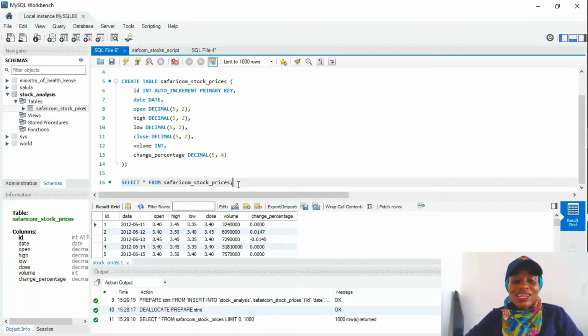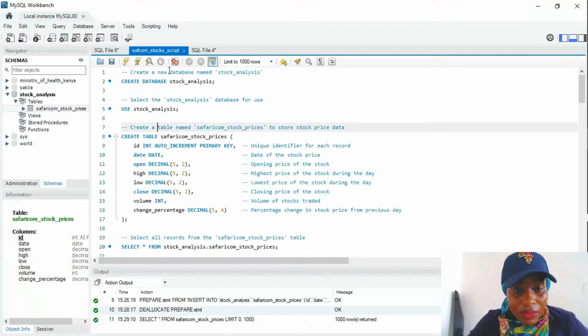But I think we already did that because we already know what this comprises: the open prices, the high and low prices during the day, the close, the volume, and the percentage change. So the thing we want to go into is descriptive statistics. We want to summarize some of the statistics here, look at the measures of central tendency, and maybe the minimum and all that.